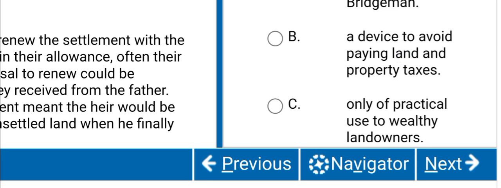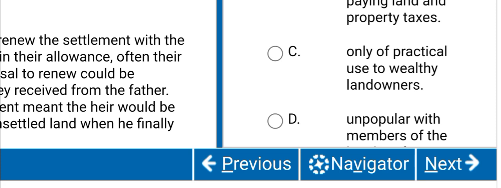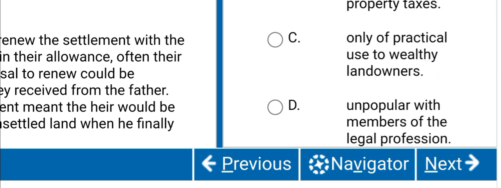Option B, a device to avoid paying land and property taxes. Option C, only of practical use to wealthy landowners. Option D, unpopular with members of the legal profession.